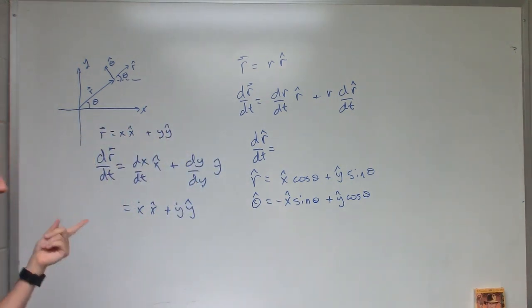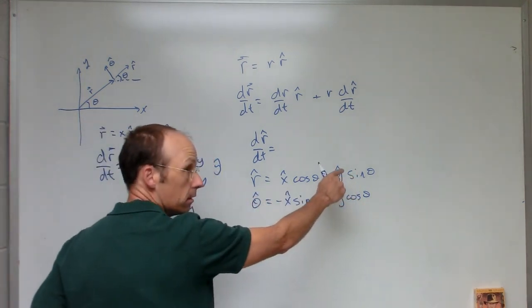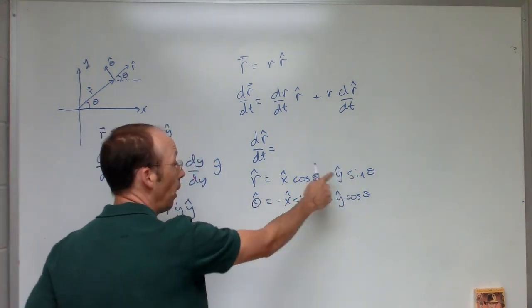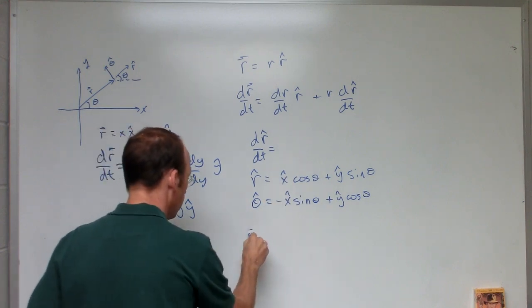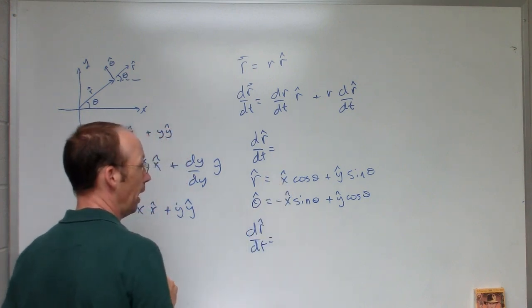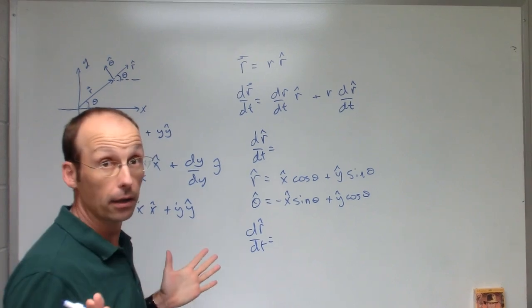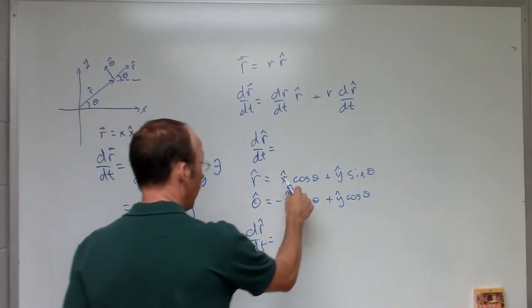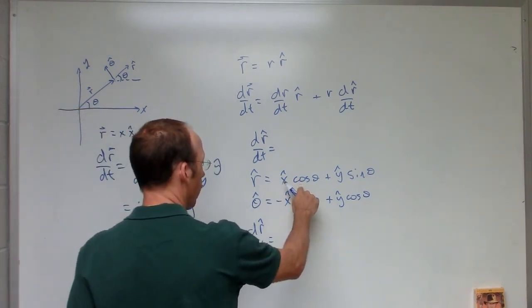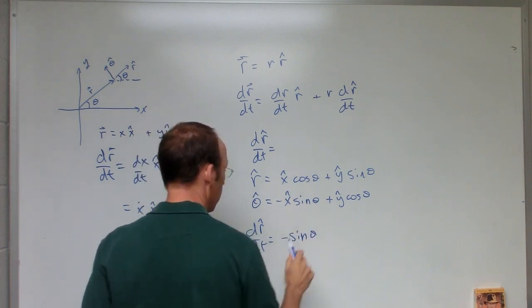So now if I want to take the derivative of r hat, I can take the derivative of this, because I know x hat and y hat are constant. So d(r hat)/dt is going to be the derivative of that. I have x hat, don't care about it because it's constant. The derivative of cosine is going to be negative sine theta.